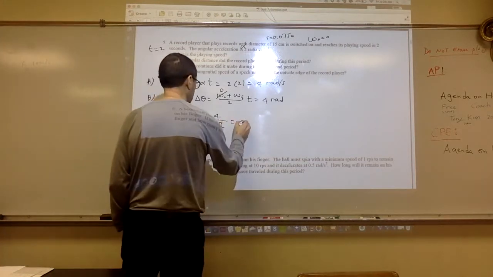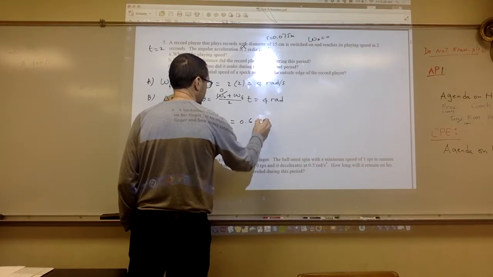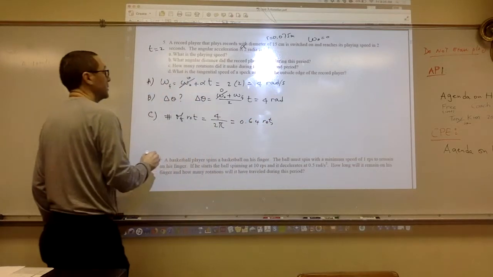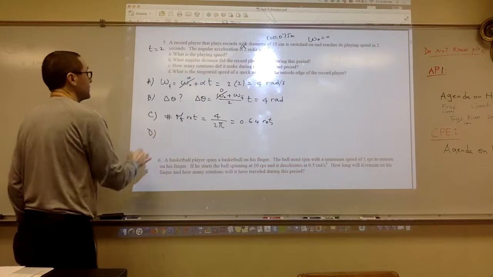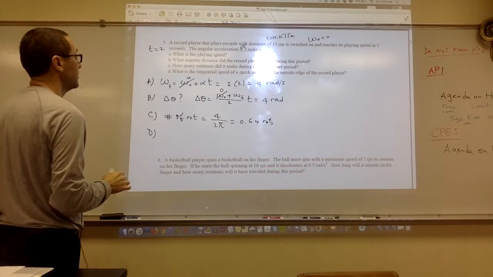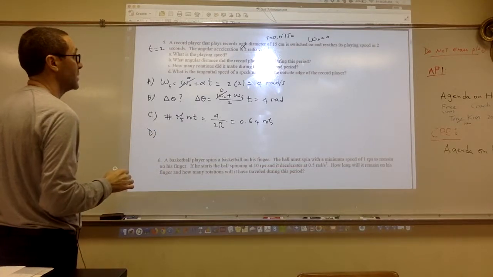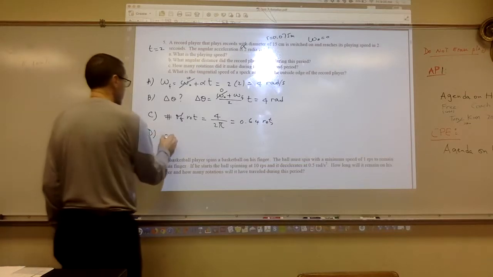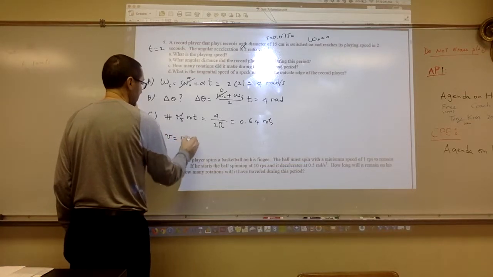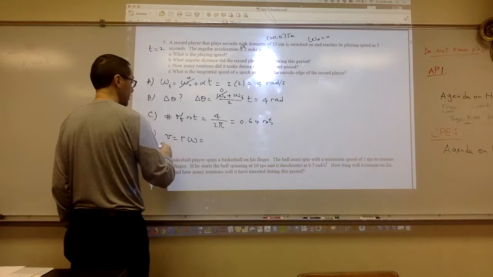So about 2/3 of a rotation. Okay. D. What is the tangential speed of a speck of dust on the outside edge? Okay, so I guess V equals R omega. This is all in your formula sheet or in your packet.